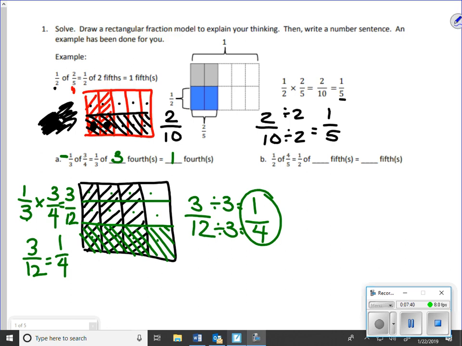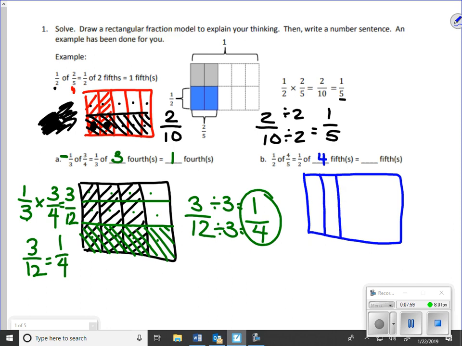1/2 of 4/5. Do your rectangular fraction model. So I'm going to do how many sections? 5. 1, 2, 3, 4, 5. How many are shaded? 4.